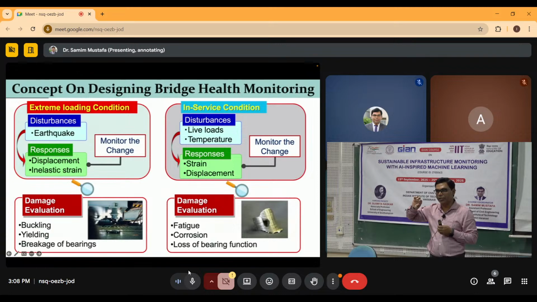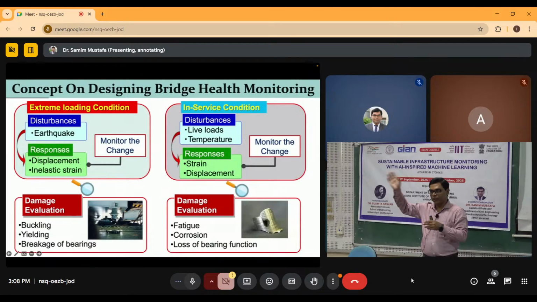As you know, steel is a ductile material, so it can buckle before going into fracture or complete collapse. During an earthquake we allow the structure to go to a nonlinear state, and by going to the nonlinear state it dissipates some amount of energy because it deforms extensively, and that way it releases the earthquake ground motion.